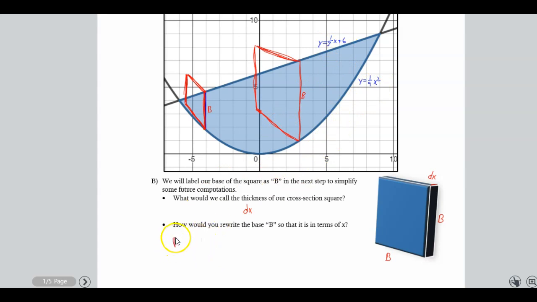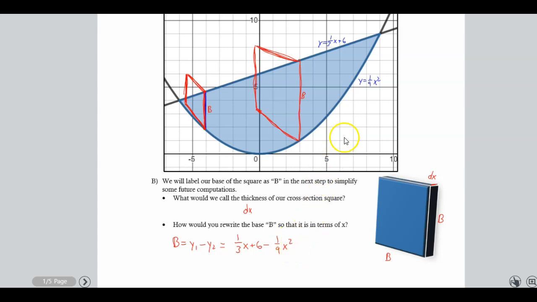So I could say b is, and I'm going to go ahead and write in this y1 minus y2 just to re-emphasize that. And sometimes you might actually want to use those definitions in your calculator in Desmos to compute these out. And that would be this 1/3 x plus 6 minus this 1/9 x squared.